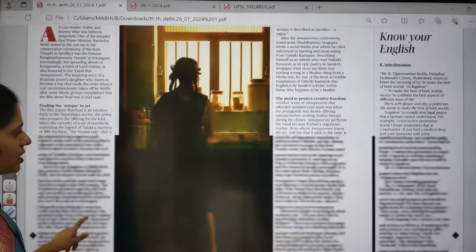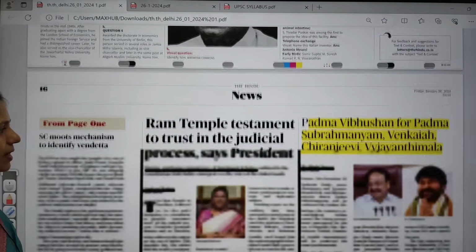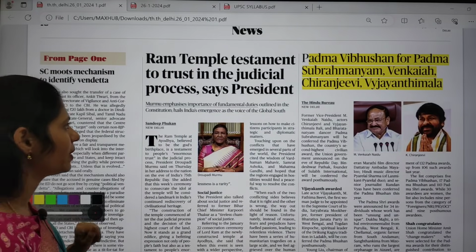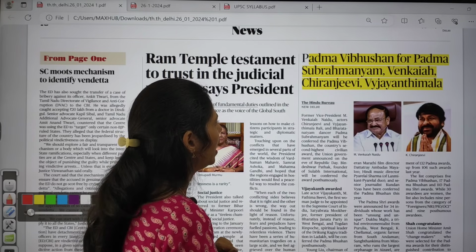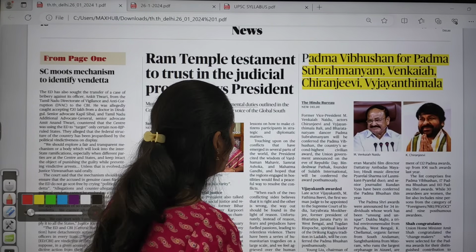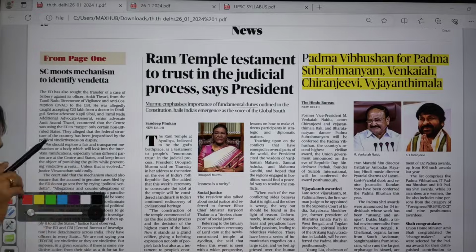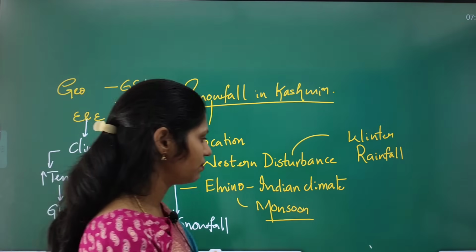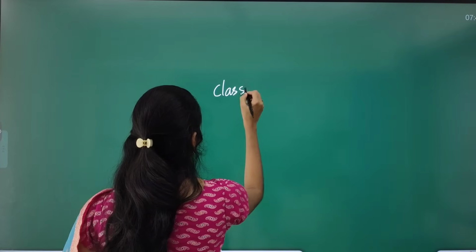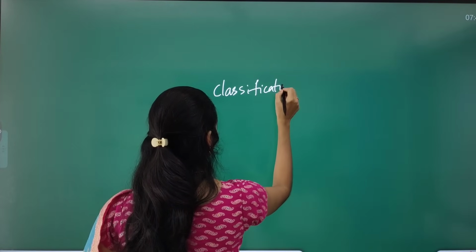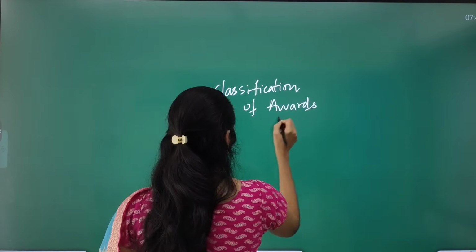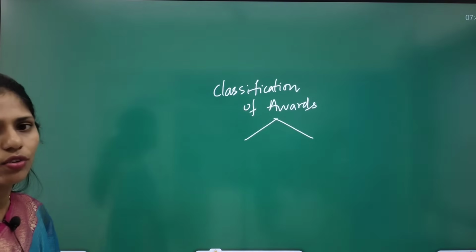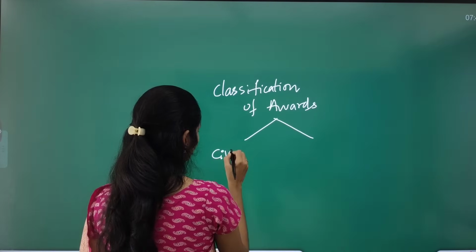Okay, there is nothing much important in today's newspaper, so we can complete it as soon as possible. Yeah, next topic is Padma Vibhushan for Padma Subramaniam, Venkaiah, Chiranjeevi and Vyjayanthimala. Here you have to see the different awards. If you see the classification of awards, we have two types: civilian awards and military awards.